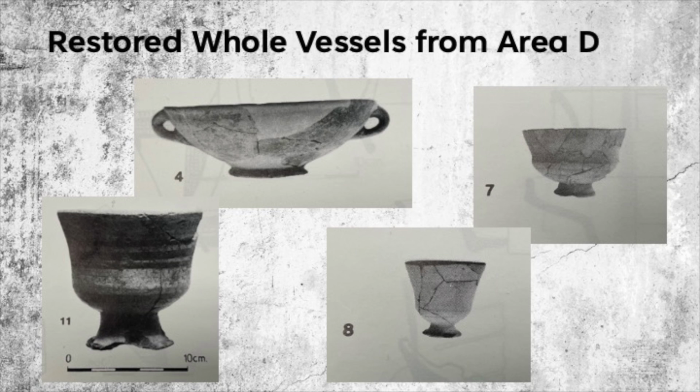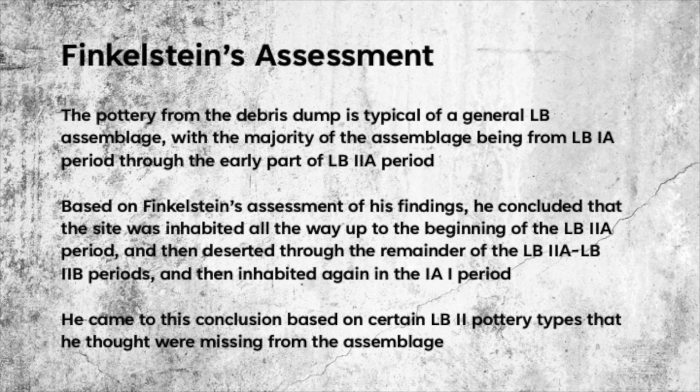So Finkelstein's assessment of the favisa was the pottery from the debris dump is typical of a general late bronze assemblage, with the majority of the assemblage being from the late bronze 1A period through the early part of late bronze 2A.